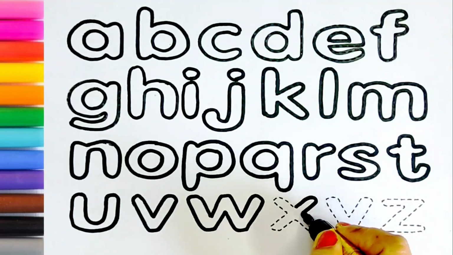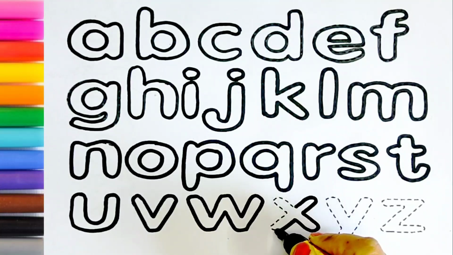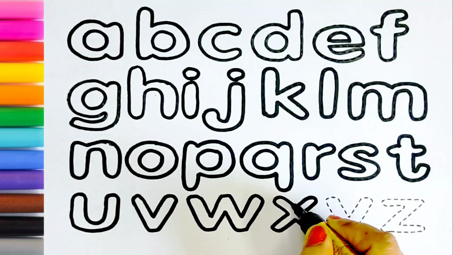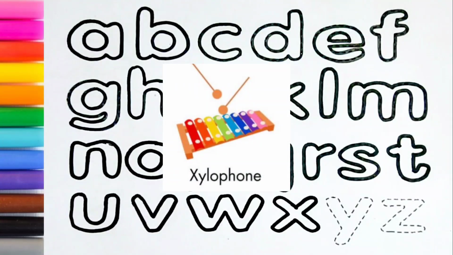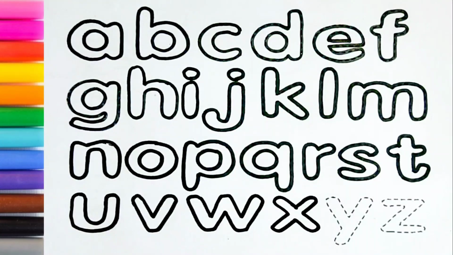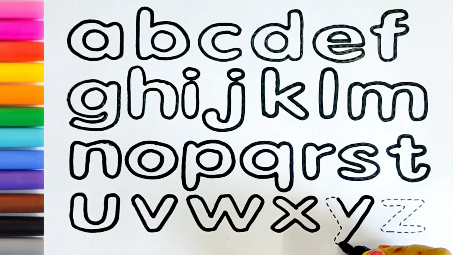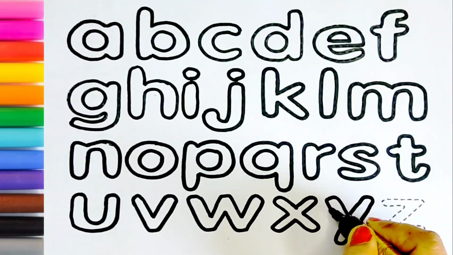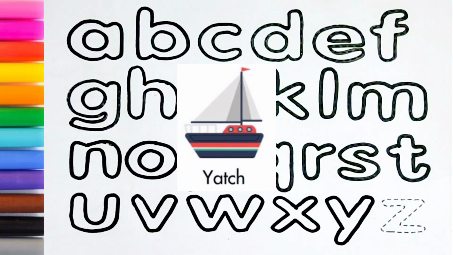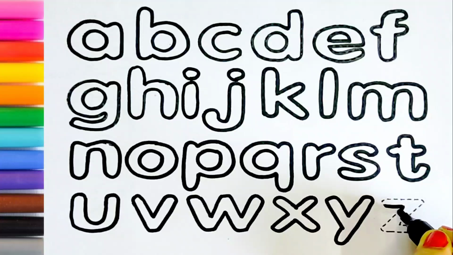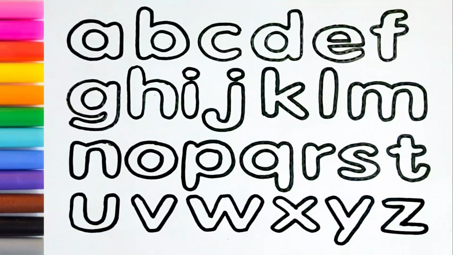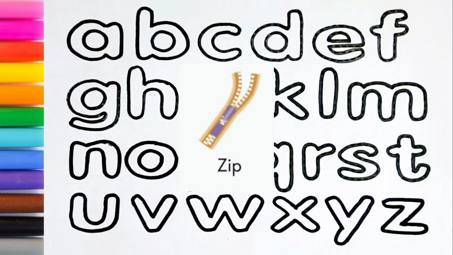X for X-ray. X for xylophone. Y for yak. Y for yards. Z for zebra. Z for zip.